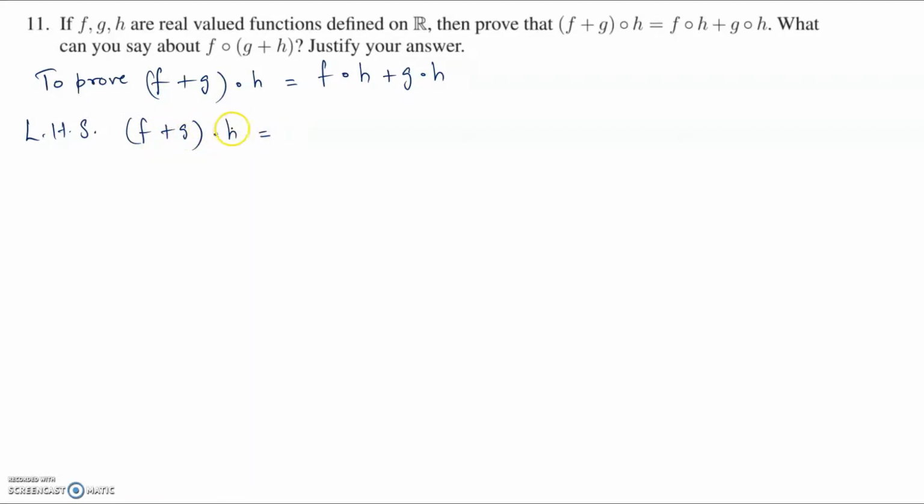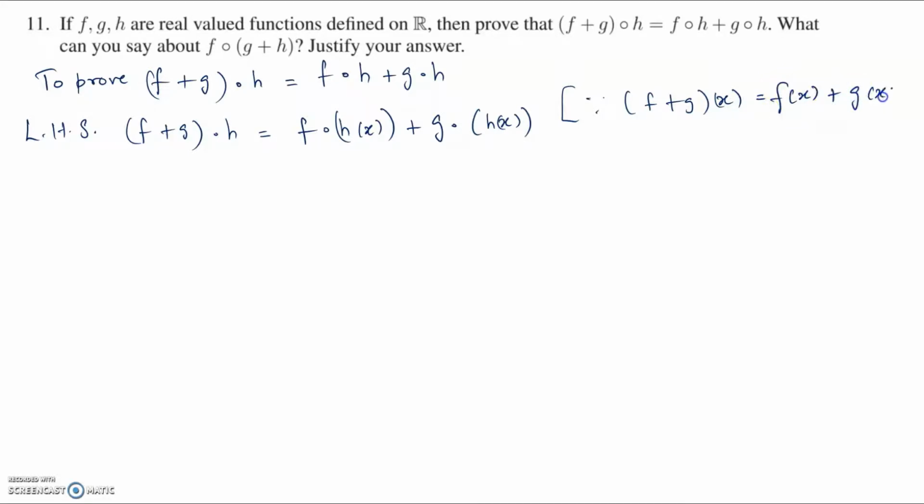So this we can say equals f composite with h of x plus g composite with h of x, since f plus g of x is equal to f of x plus g of x.